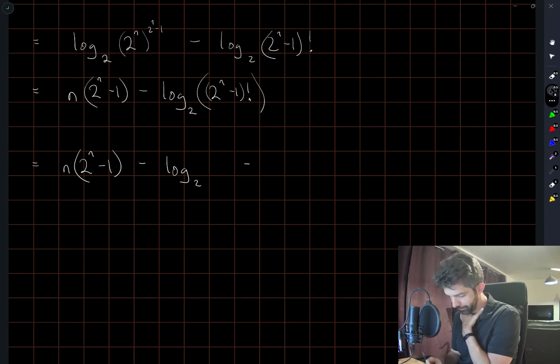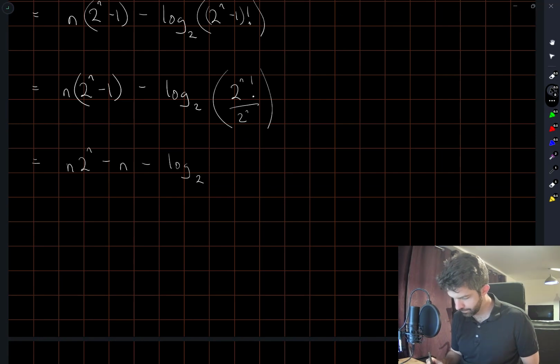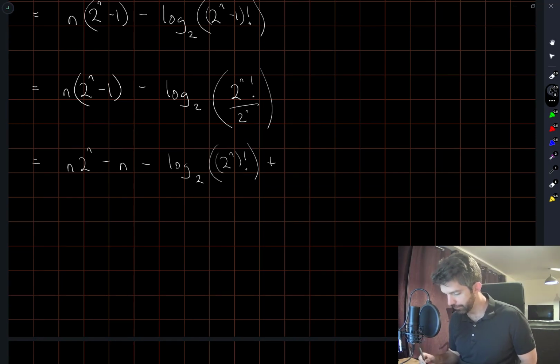Okay, hold on. I'm going to multiply and divide by something in here: 2 to the n factorial divided by 2 to the n. Okay, yeah, so in fact, I didn't need to do all this extra work, I just needed to do some extra simplification.